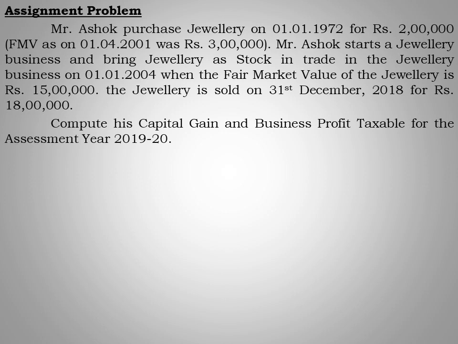The assignment problem says Mr. Ashok purchased jewelry on 1st January 1972 for rupees 2 lakh, and there is some more information which you have to study. You have to tell what the taxable capital gain and the business profit are, and the combination of both, and you have to provide the note also. I hope that you are going to do this problem.